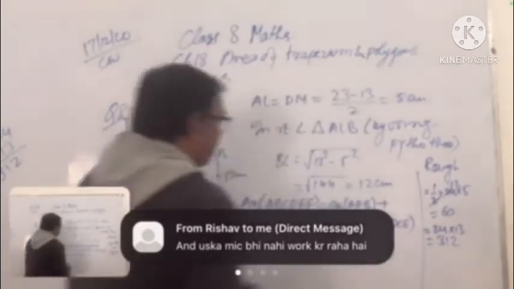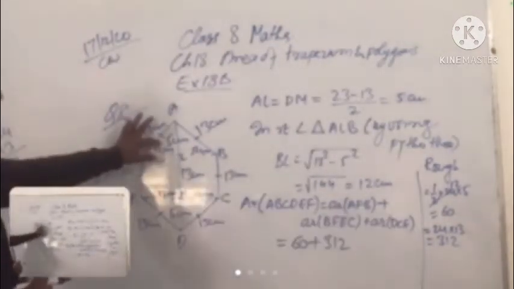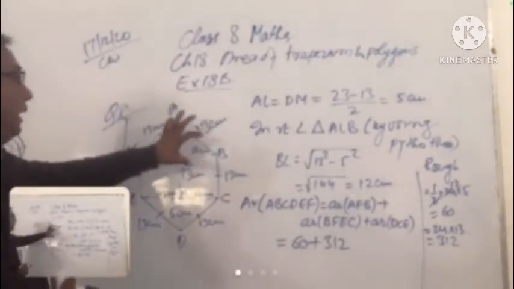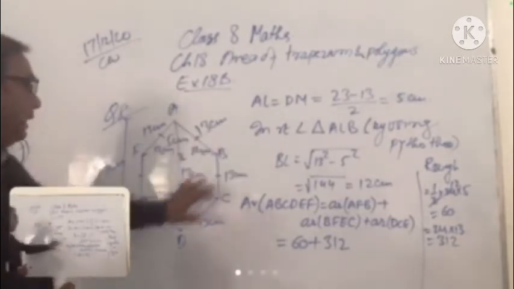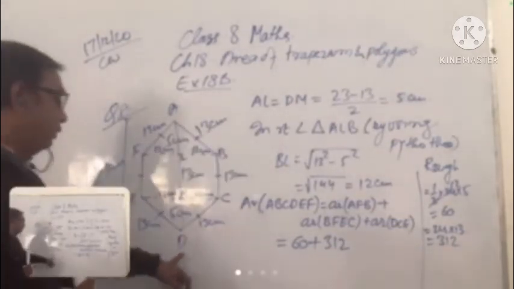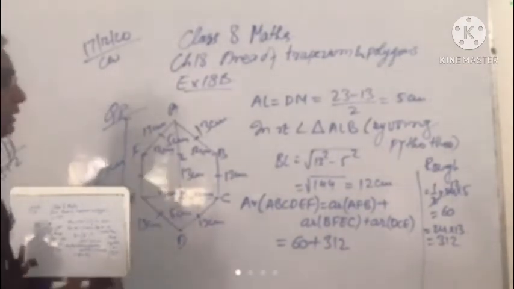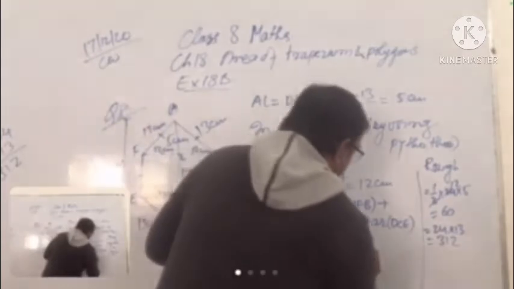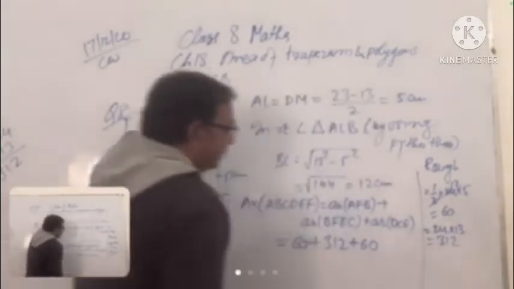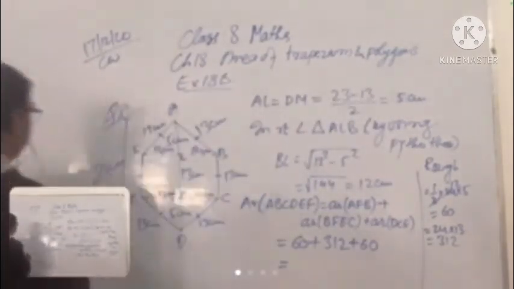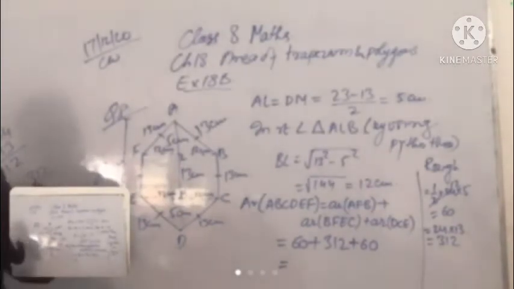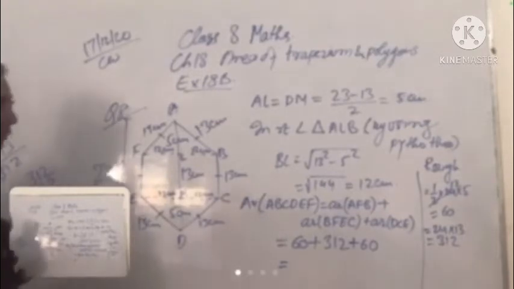And you know that this area of AFB is identical to DCE because the dimensions are same. So we just write 60 over here. Now add it, 312 and 120, 432.